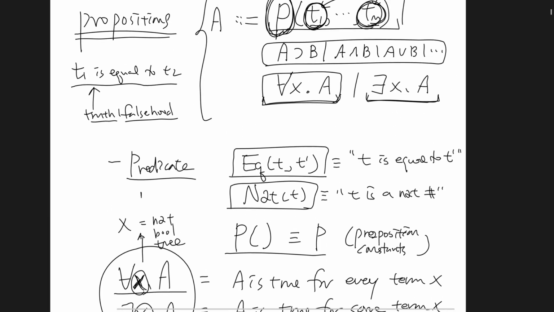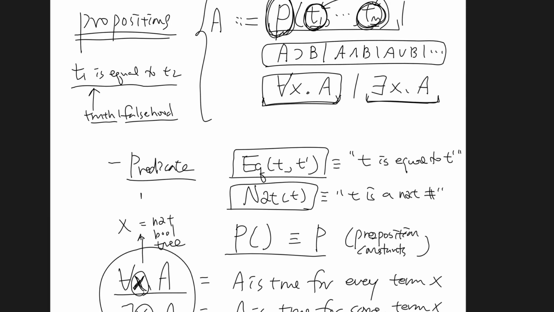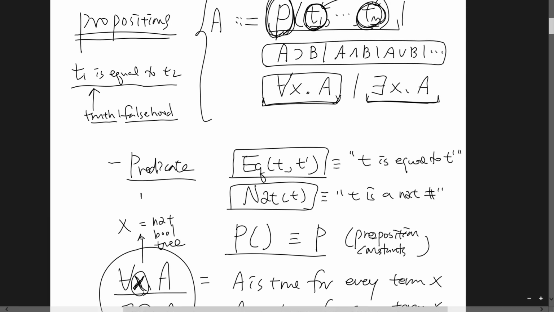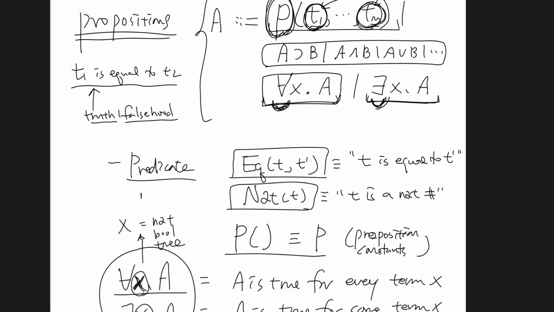And finally, a minor comment about operator precedence. These quantifiers, for all and exist, have the lowest operator precedence.